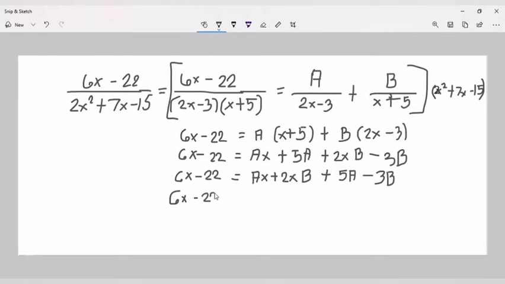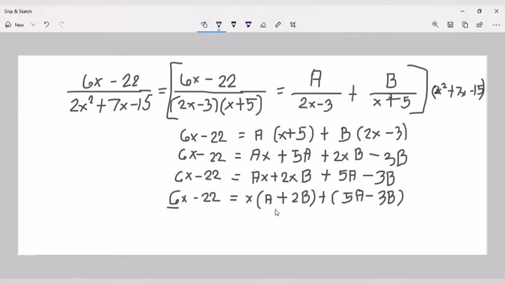We have 6x minus 22. Factor out Ax plus 2xB, so that gives us x times the quantity A plus 2B. And then plus 5A minus 3B; since there is no common factor and we cannot factor that out, just leave it as 5A minus 3B.